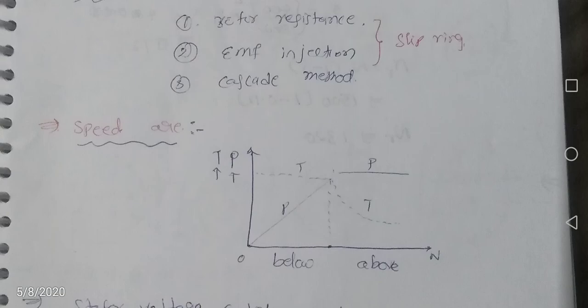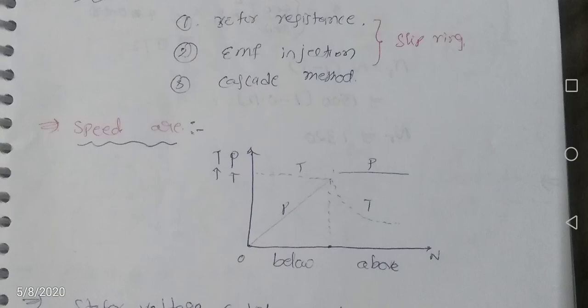in a squirrel cage induction machine, rotor resistance is not externally connected, but in a slip ring induction machine, rotor resistance is connected externally through the brushes and slip rings.